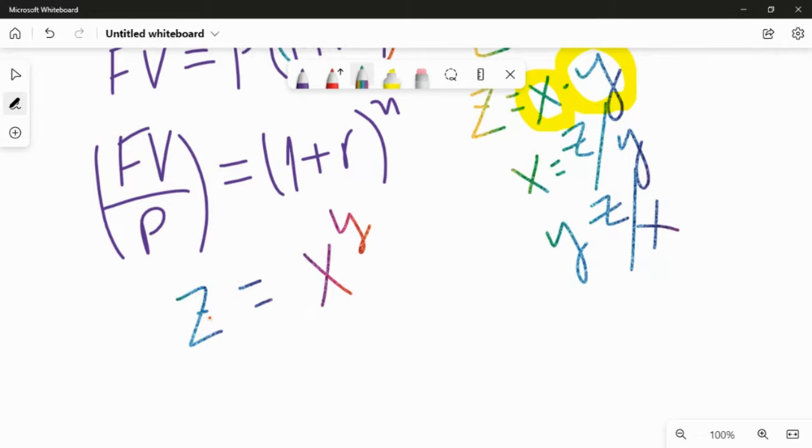So you cannot divide z by y, because how can you divide it? This is not multiplication, right? So you're stuck here for now. But to be able to solve this, we need to use log.